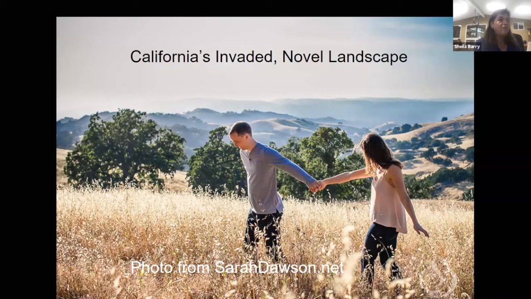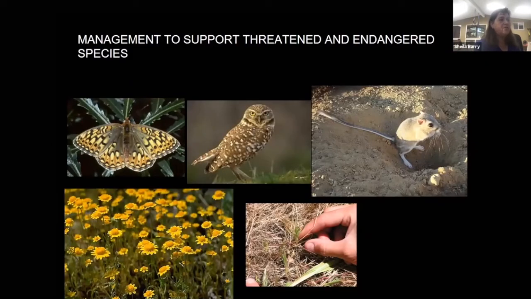It's novel, in part because of our Mediterranean climate, meaning we don't have similar landscapes in many other places in the world. But it is also highly invaded by non-native annuals, which is what you see in this picture. The grass in front is almost all completely non-native. So it provides food for grazing animals, primarily beef cattle. But it also supports a large number of threatened and endangered species.